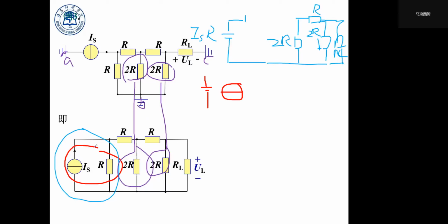Okay. We should continue this problem. The resistors are here, and the source with value S times R is connected with R directly.